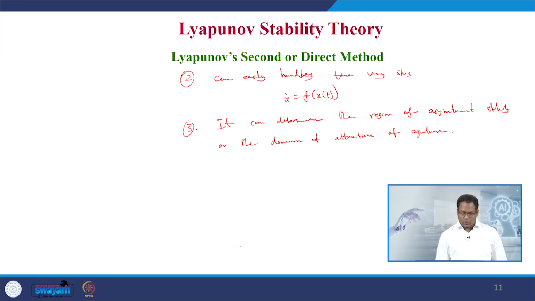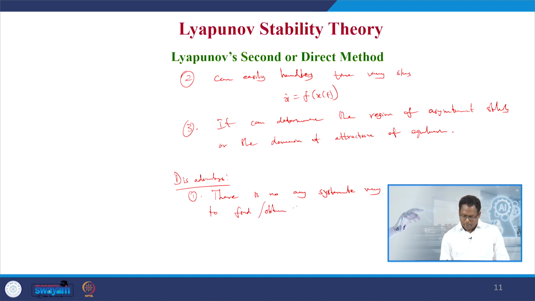Now, coming to the disadvantages. The main disadvantage of the direct method of Lyapunov stability theorem is there is no systematic way to find or obtain a Lyapunov function candidate.